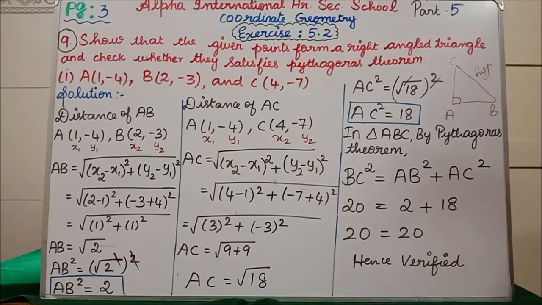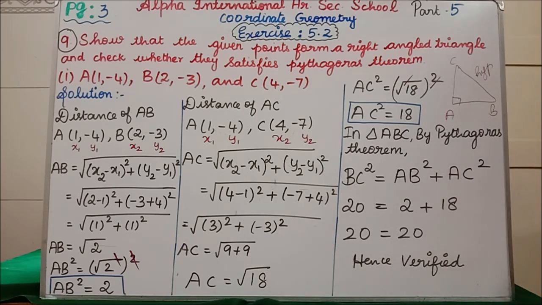Clear, students? We have shown it is a right angle triangle and also verified the Pythagoras theorem. In the ninth question we have two subdivisions. The first subdivision I have done, the second subdivision you are going to do. Try the same model.